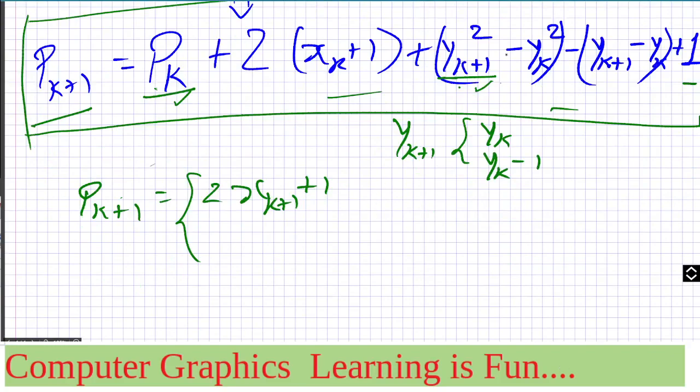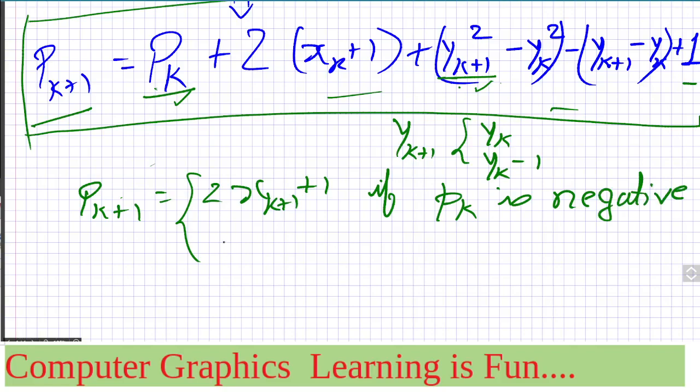Okay, let me write it nicely: this is 2xk plus 1 plus 1, if pk was negative. And this is what it will be: 2xk plus 1 plus 1 is definitely here, and from here you will get minus 2yk plus 1.